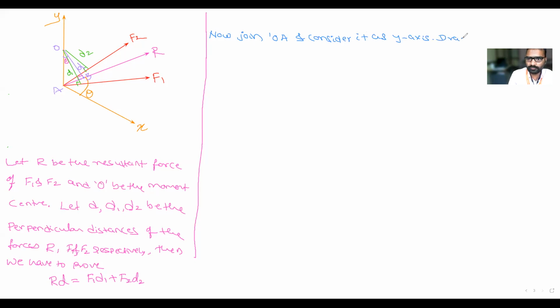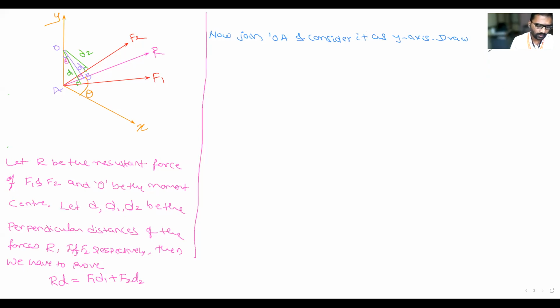Draw the x-axis to it with A as the origin.